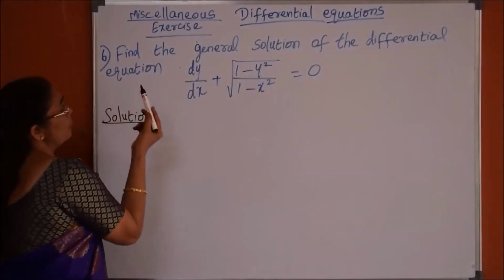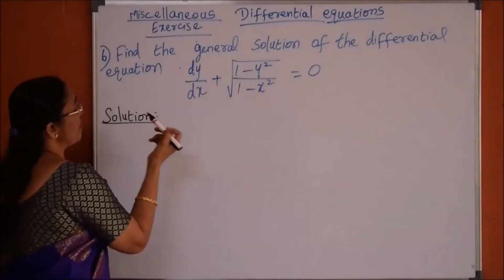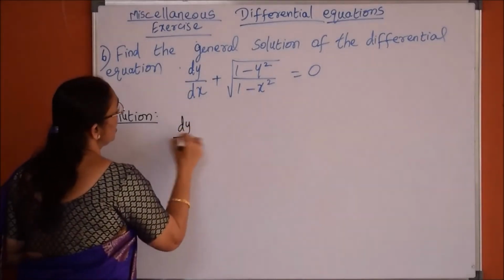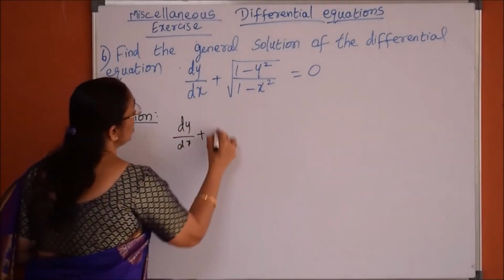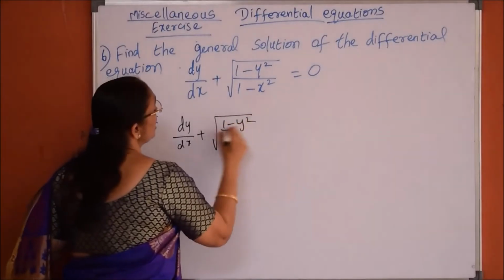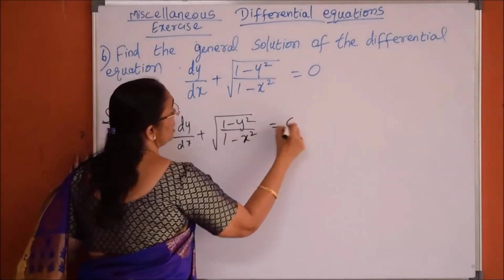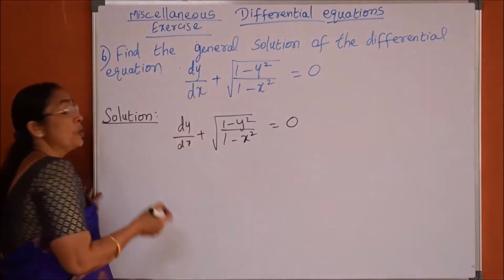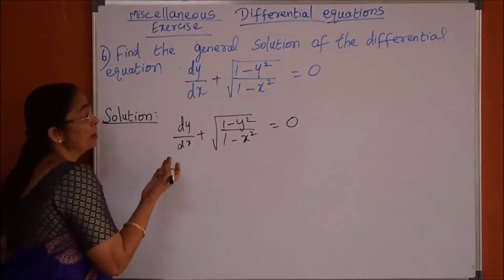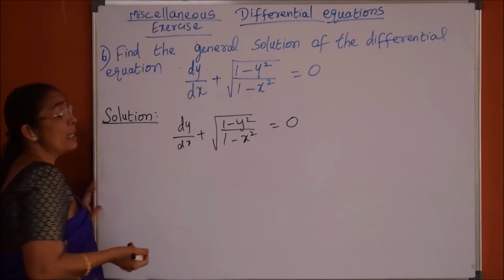Sixth problem, find the general solution of the differential equation dy by dx plus root over (1 minus y square) divided by root over (1 minus x square) is equal to 0. So, we can solve this differential equation by the method of variable separable.